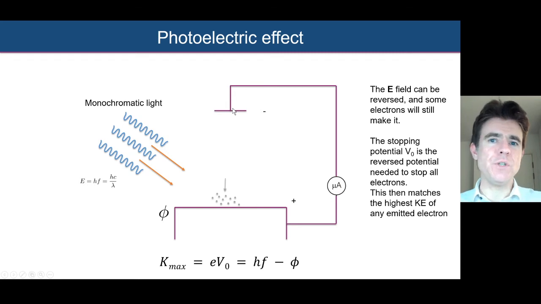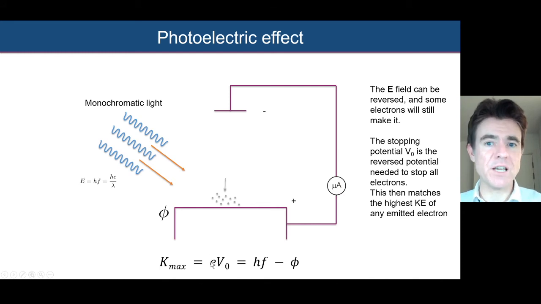The reason for doing that is that we can now get this nice expression here. If we've succeeded in stopping every last electron from making it across the gap there, then that means the maximum possible kinetic energy of any particular electron at best would have been matched by our stopping potential, V0, multiplied by the charge of an electron, because this is the potential energy, okay, that is set up between these two plates with a stopping potential of V0.